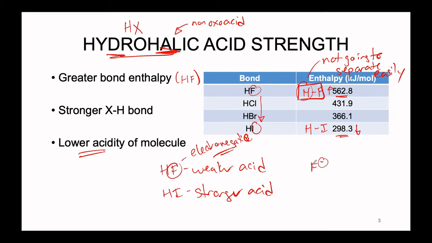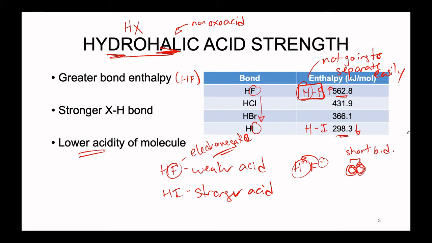It's going to be very partially negative. And this negative is going to be able to hold the H plus more tightly. Not only that, but because the atom itself is smaller, these two atoms are of a more similar size, which means the electrons are going to be more evenly shared across this shorter distance, right? We have a short distance here, short bonding distance.